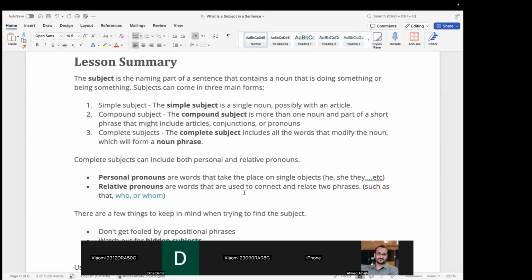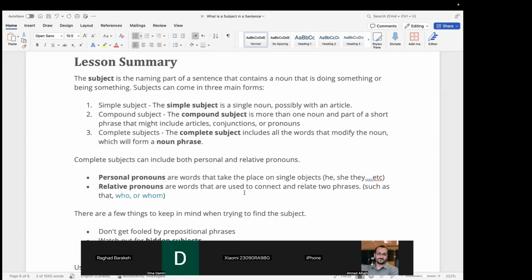Lesson summary. The subject is the naming part of a sentence that contains a noun that is doing something or being something. Subjects can come in three main forms. Number one, simple subject. The simple subject is a single noun, possibly with an article.